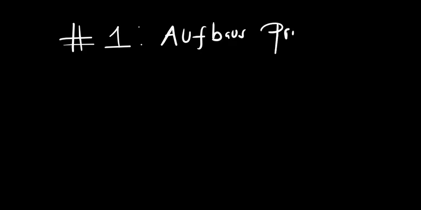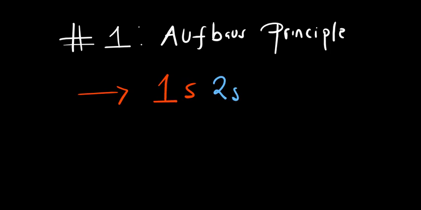Now what about the Aufbau principle? According to the Aufbau principle, electrons fill the lowest energy levels first before moving to the next energy level. That is very important. So you fill the 1s first before going to the 2s, before going to the 3s.